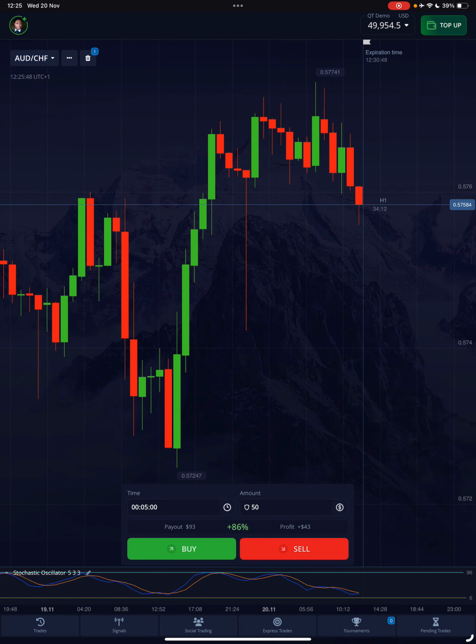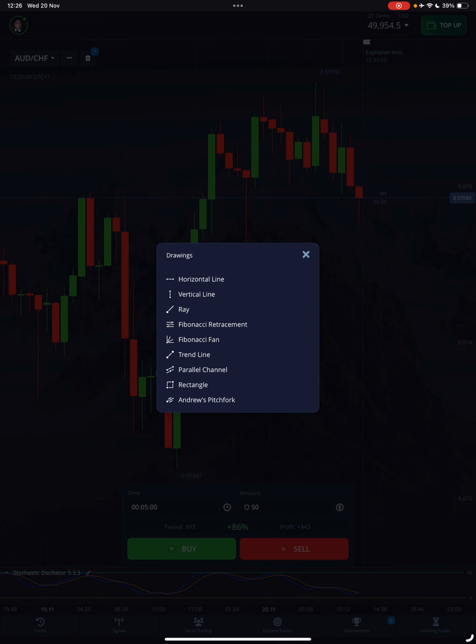So when you click these three dots behind the name of the pair like this, you will now click this thing that looks like a brush, no, a mop. When you click it, you will see these are the only 1, 2, 3, 4, 5, 6, 7, 8, 9 tools. That's what it has. The platform I use has, I don't know, at least 200 tools, but this one has only 9.